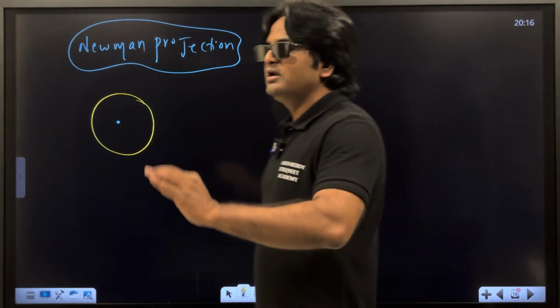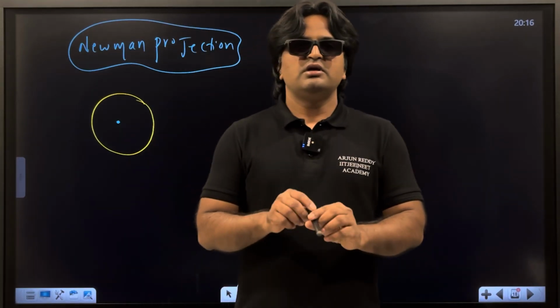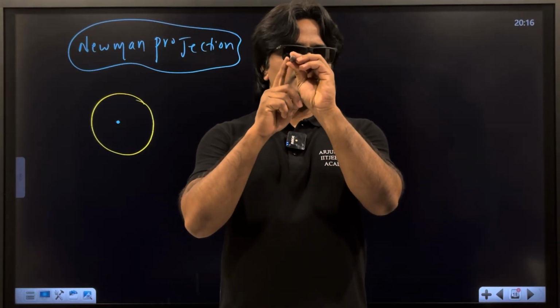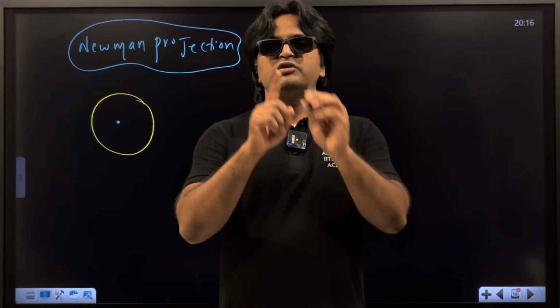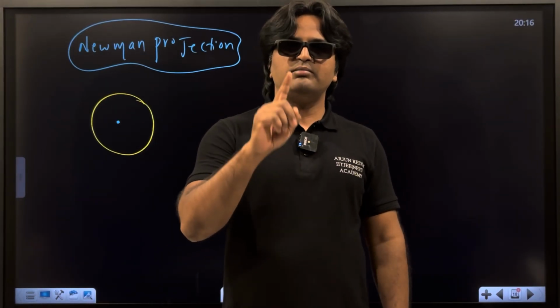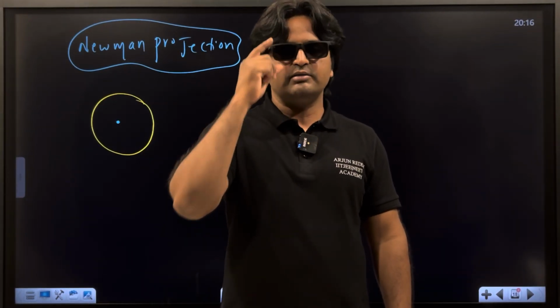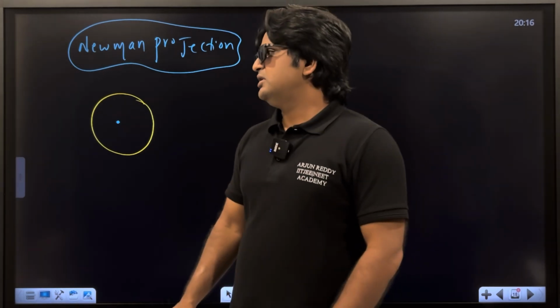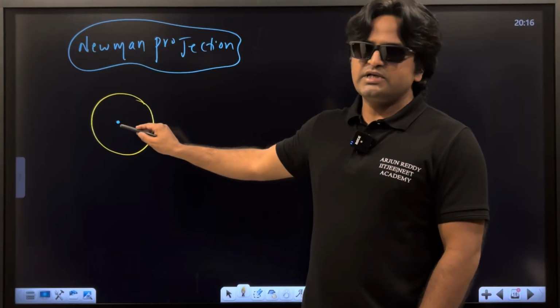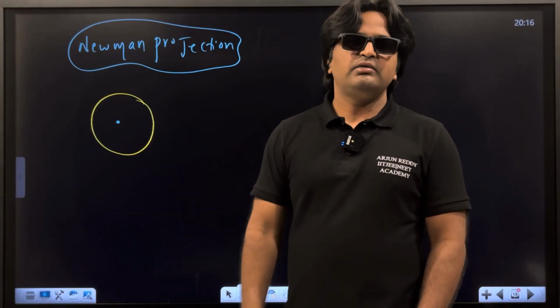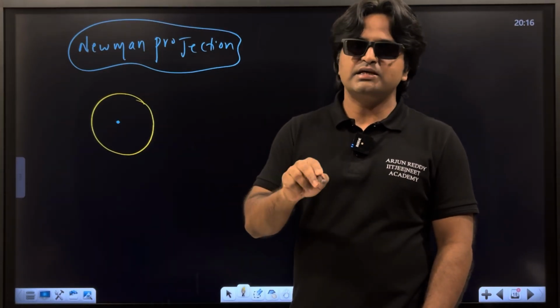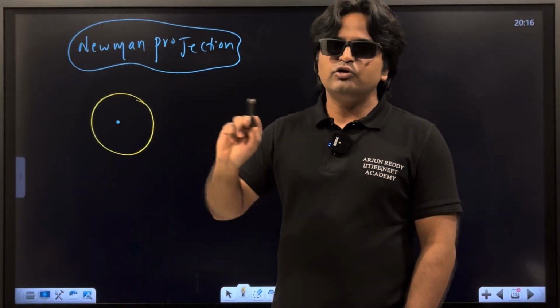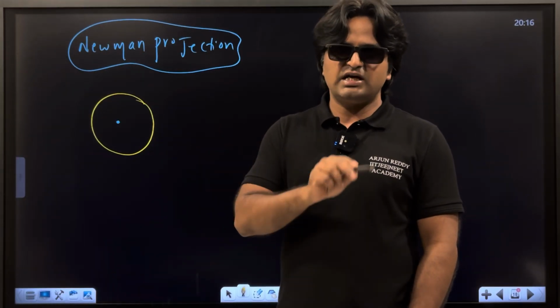Very important point. According to Newman projection, when you look at this molecule along the C-C bond axis, you can see only the front carbon and you cannot see the back carbon atom. But if you want to see both carbon atoms, you take the front carbon atom as a dot and the back carbon atom as a circle. It doesn't mean that both have different sizes. That is not the meaning.